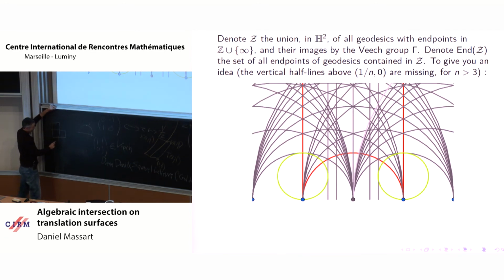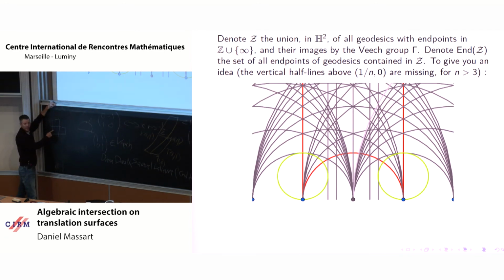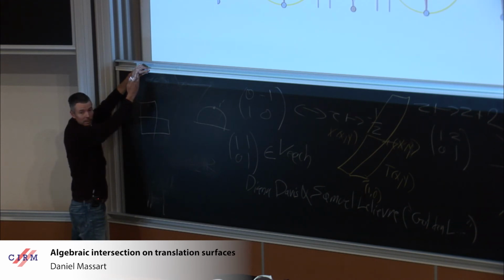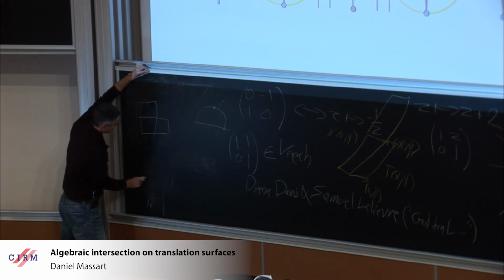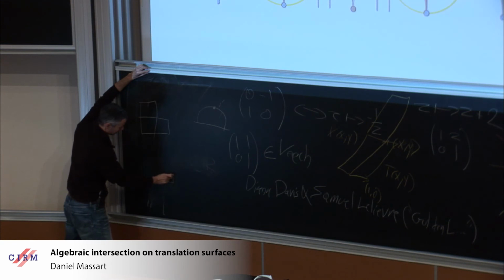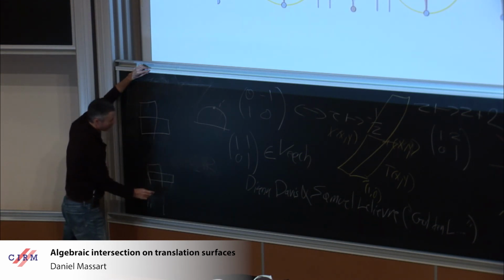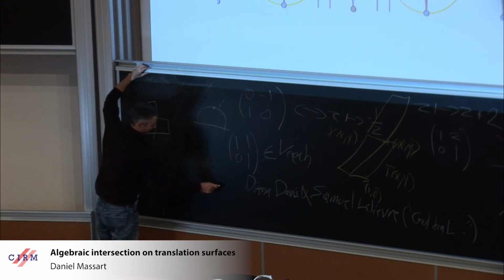And I take the Teichmüller geodesic, which contracts this length and expands this length. So I get a surface which is like this, maybe. And this corresponds to a surface which is here.